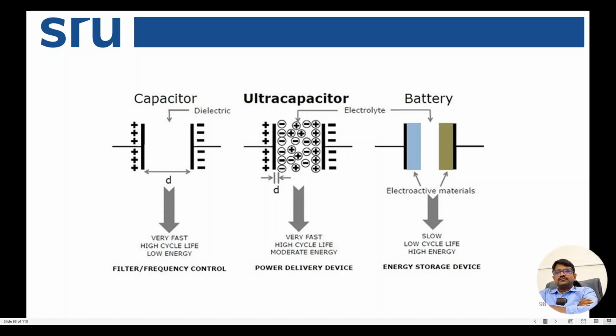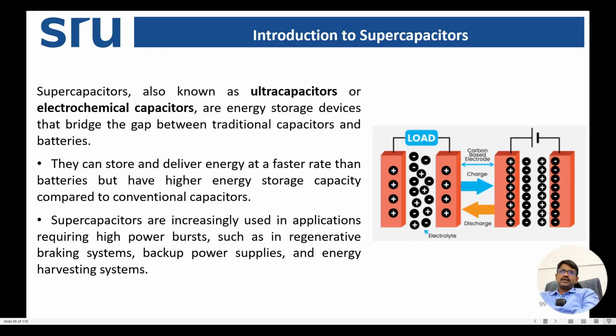Batteries provide slow charging and discharging, and low cycle life compared to supercapacitors. But the prime potential of a battery is that it can store high energy.